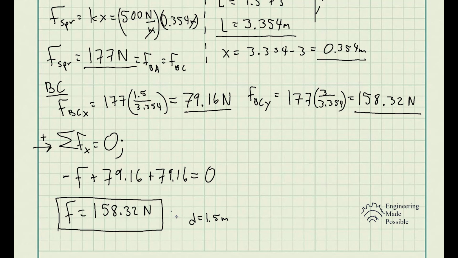In this case, we had to solve for the stretched length of the spring so we could get the forces being exerted on point B, such that we're able to use the sum of forces along the x direction as well as along the y direction to finally solve for the unknown force F here, which finally is 158.32. So this is when it comes to systems in equilibrium, more specifically static equilibrium, where there is no motion, the sum of forces along the x and y direction will be equal to 0.